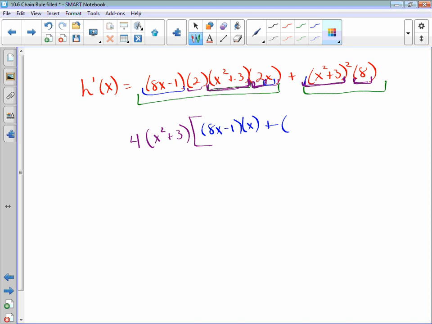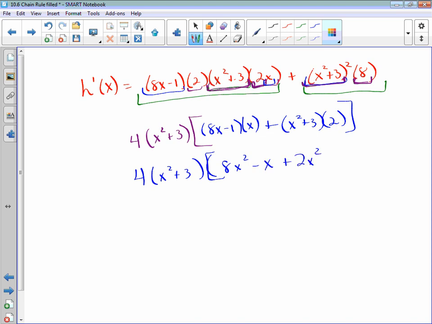Out of this, yes. And out of that 8, what would be left? 2. So it's a smaller amount to multiply if you wanted to do it this way, because this would be 8x squared minus x plus 2x squared plus 6.